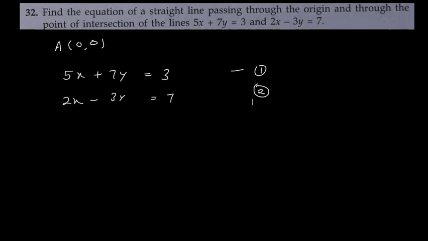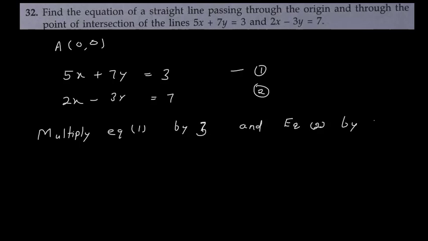We multiply equation 1 by 3 and equation 2 by 7. So for equation 1 by 3, we get 15x plus 21y equals 9.